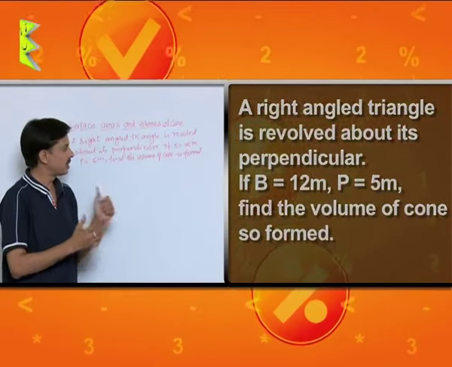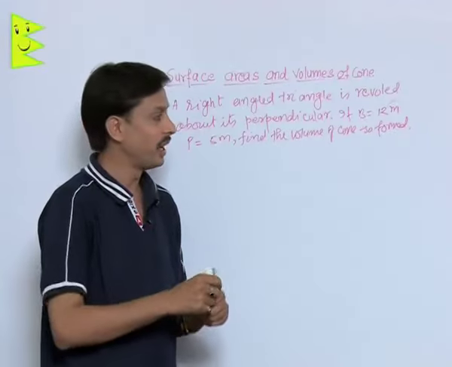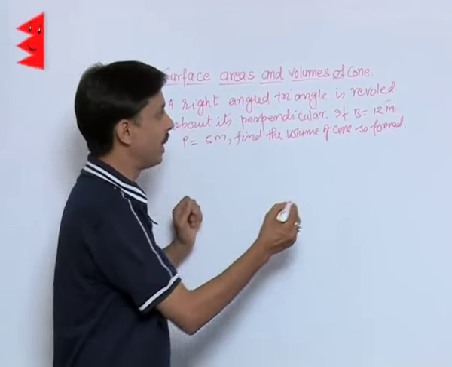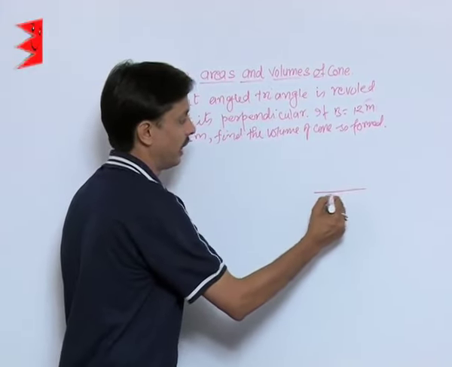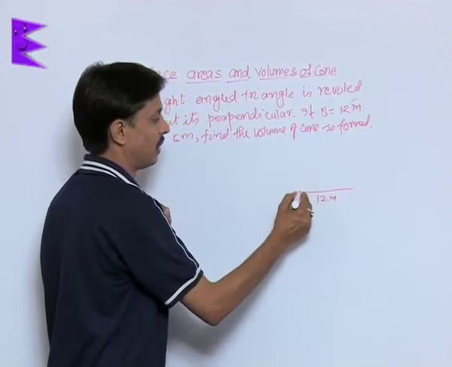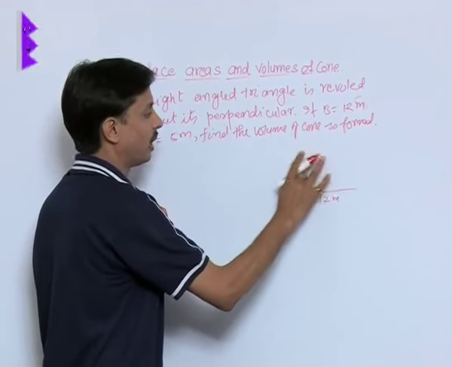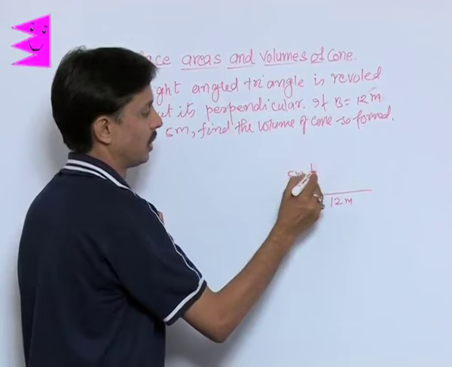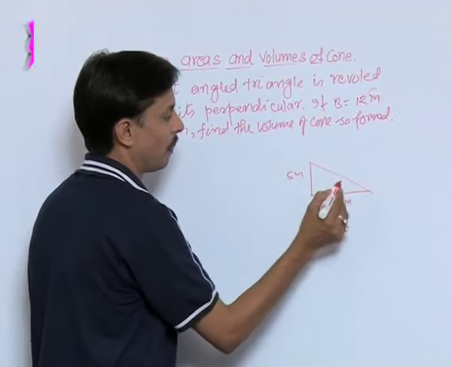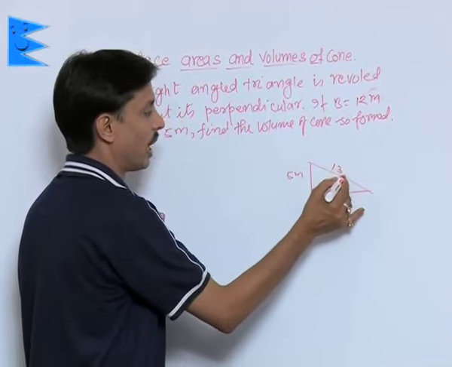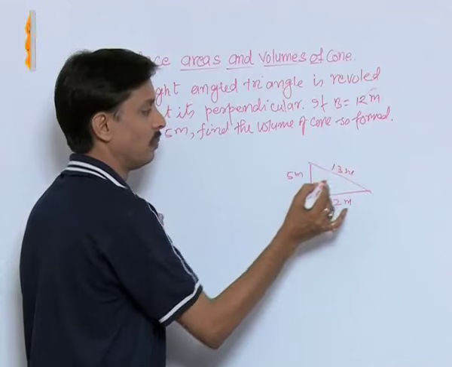Now if I discuss by drawing the shape, the base of the right angled triangle is 12 meter and the perpendicular is 5 meter. So by Pythagoras theorem, the hypotenuse will be 13 meter.